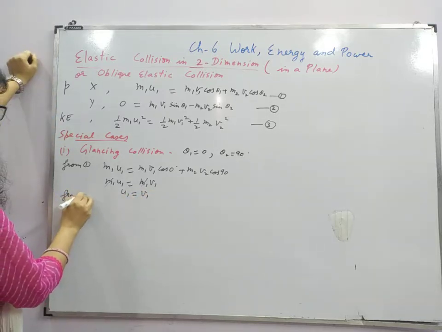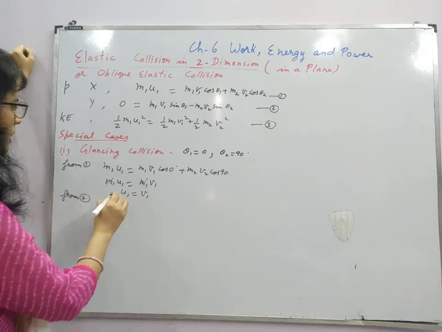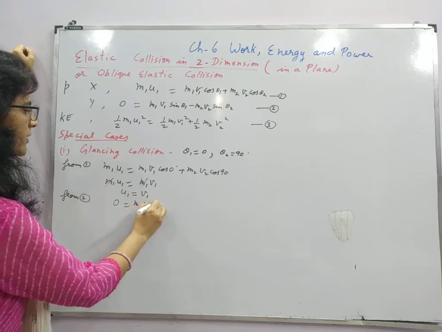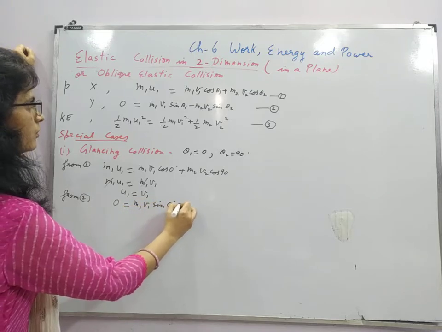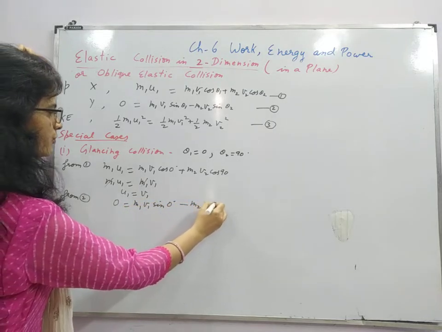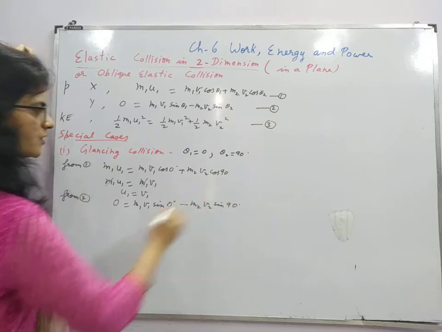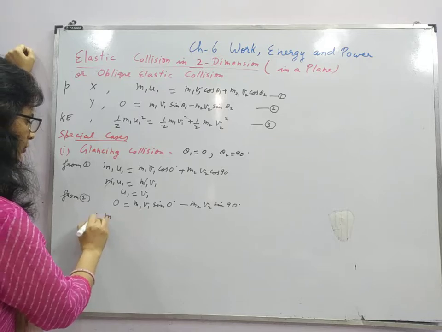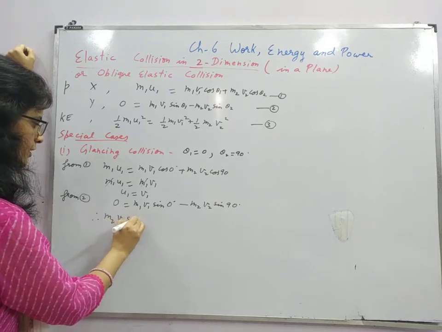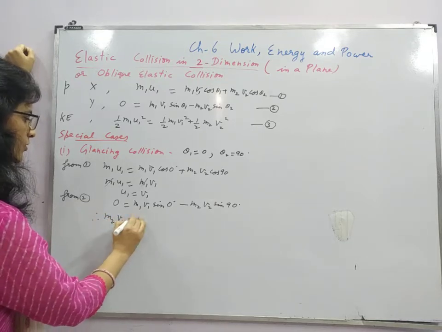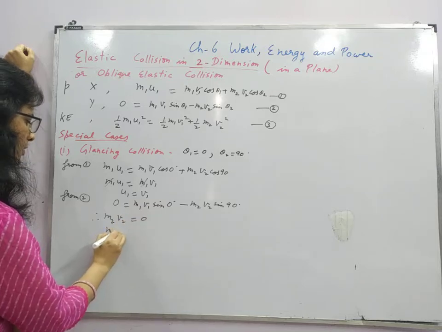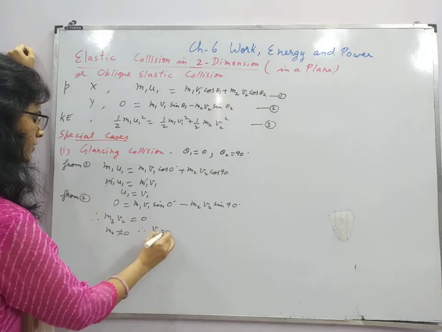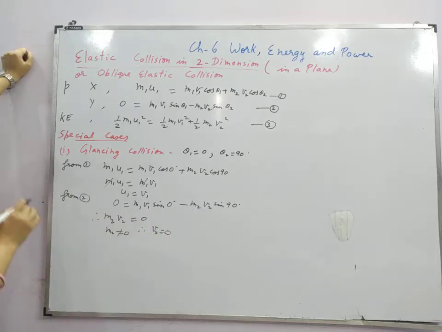Now from the second, if we want to find something, we can write 0 is equal to m1 v1 sin 0 minus m2 v2 sin 90. So from here sin 0 is 0, so this part will be 0, and sin 90 is 1, so m2 v2 is 0. m2 can't be 0, therefore v2 is 0, right?